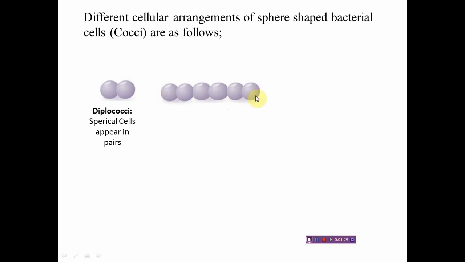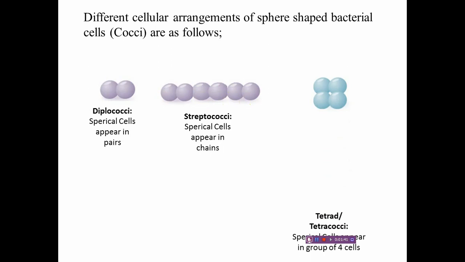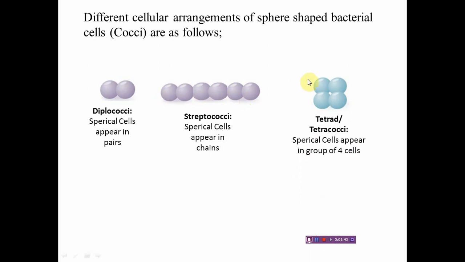This type of arrangement is called as Streptococcus arrangement. And examples of this type of morphology is Streptococcus pneumoniae. Sometimes the cell exists in a group containing 4 cells per group. This arrangement is called as tetrad and the cells are tetracocci.